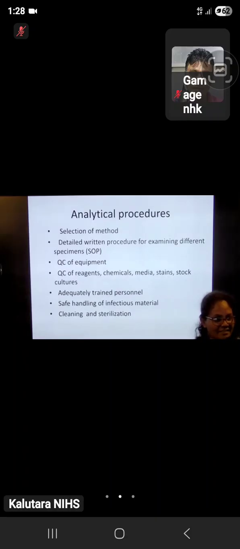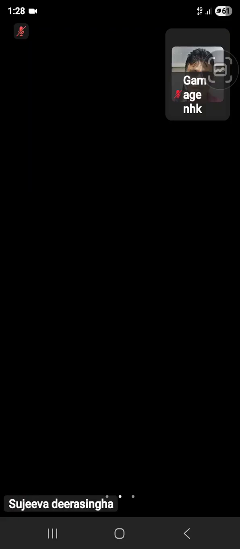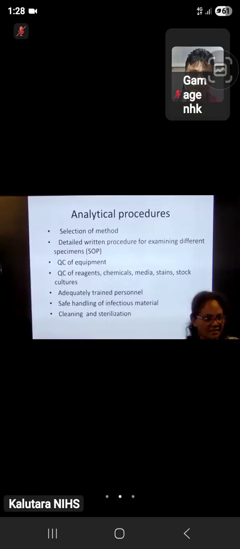And then a lot of equipment is involved in a microbiology laboratory. Therefore, you have to do quality control of equipment. For example, incubator, refrigerator, what else? Balance, what else? Autoclave, right?